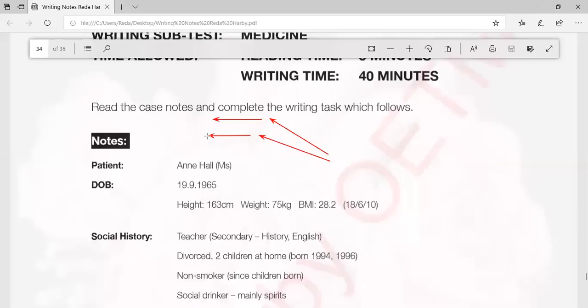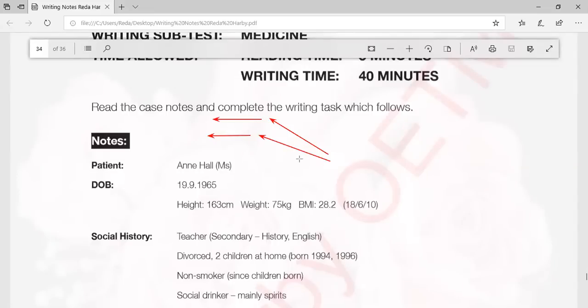Again, this is called the transformation: how to transform these notes into a story with complete sentences, grammatically correct and organized in a chronological manner. And don't forget to paraphrase or rephrase. What's paraphrasing? It is changing the words in the case notes with another word, a synonym. Synonym means words with the same meaning.